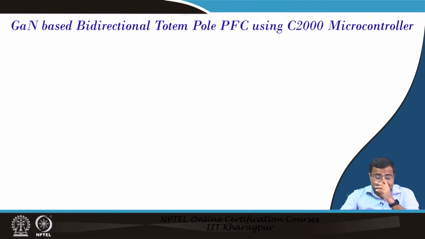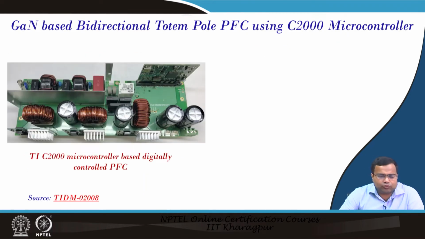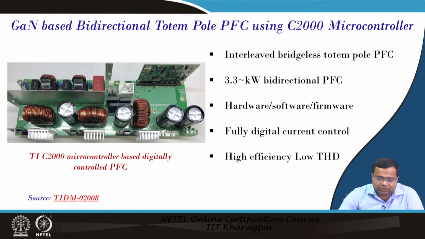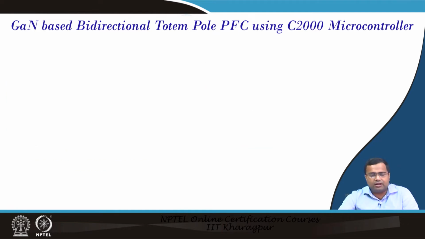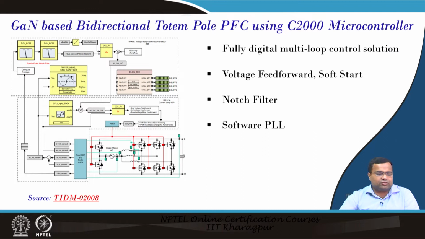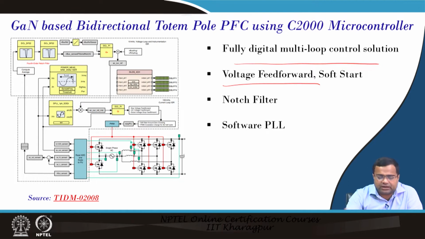Another example is the GaN-based totem pole PFC, interleaved PFC, which uses a C2000 microcontroller. In fact, this architecture was considered with a small hardware demonstration in this course in week 9. It is a 3.3 kilowatt converter with fully digital current control. The other feature of this controller is that it uses a fully digital multi-loop control solution, and it also has feed forward and soft start.